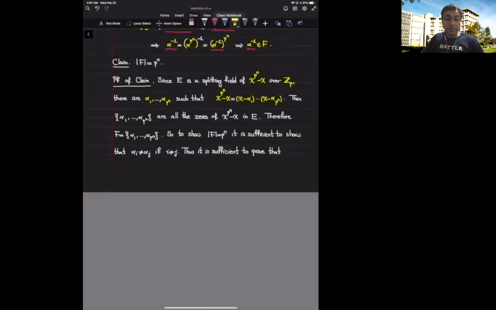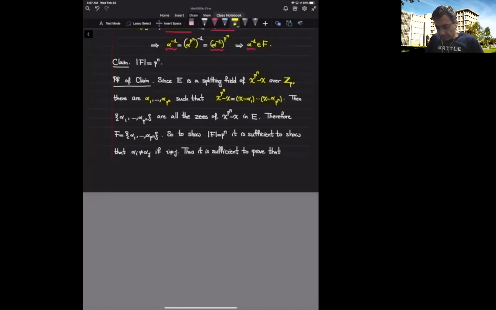Remember, in an integral domain, a polynomial cannot have more than p^n distinct zeros, and if I give you any other zero of this polynomial, you plug it in, and on the left-hand side, you're supposed to get 0. That means it should be one of these alpha_i's.